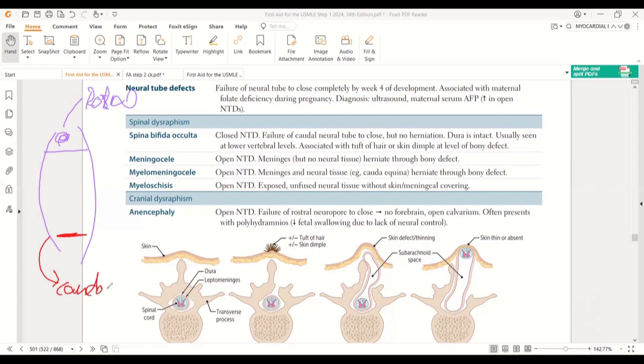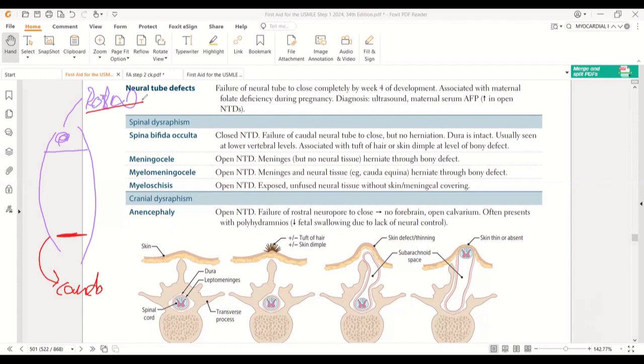If the caudal portion of the neural tube does not fuse, it will lead to spina bifida. While if it is the rostral portion, then it will lead to anencephaly. Anencephaly, no brain.